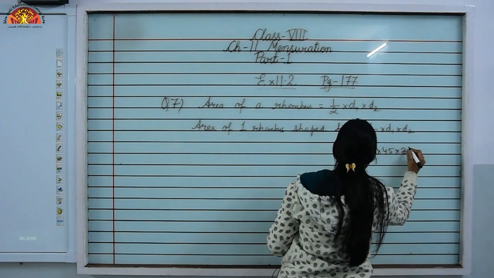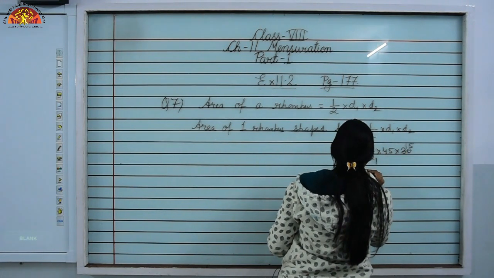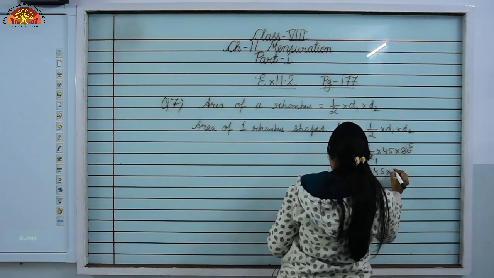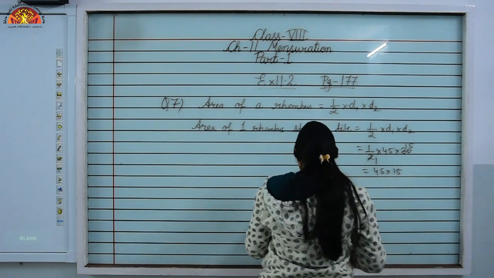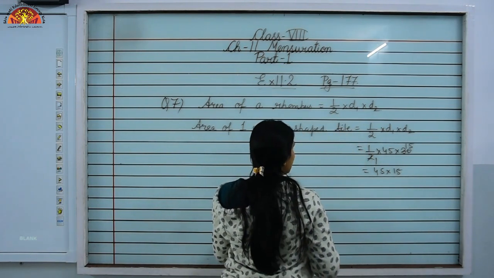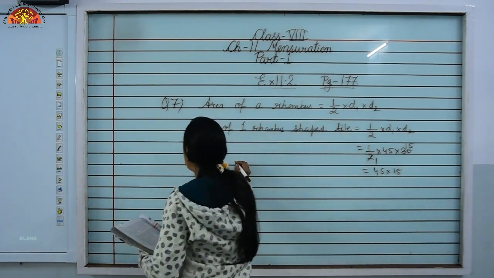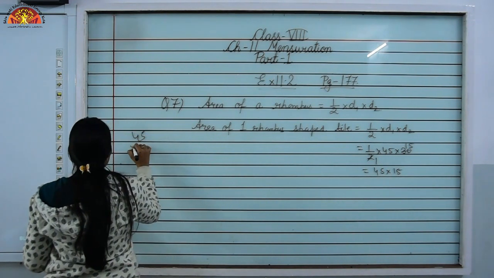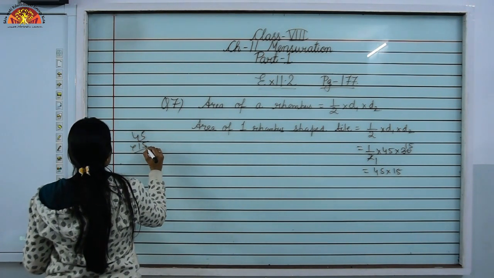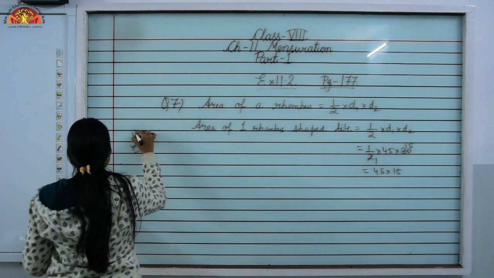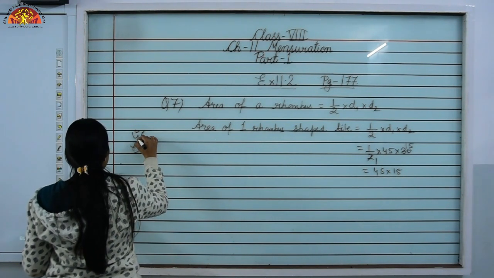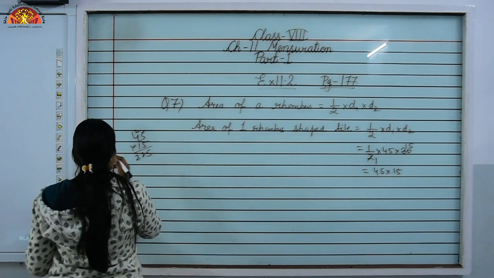So 2 ones are 2. It is 45 into 15. So you can just calculate this area. When you calculate 45 into 15: 5 5s are 25, 5 4s are 20, plus 2 is 22, 22 plus 5, it comes out to be 275.